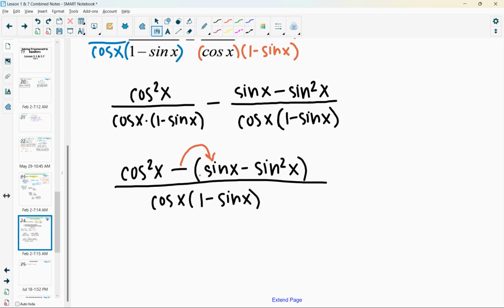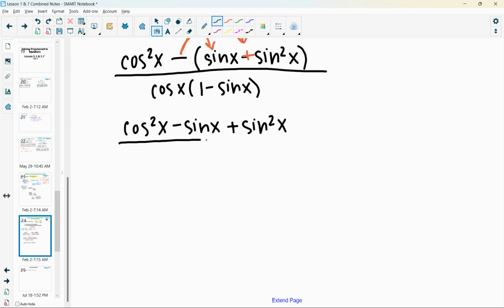So we want to distribute this negative. So then this is going to be negative sine. And then this is going to be a plus sine squared. Okay, so we're going to do the top. We're going to end up with cosine squared x minus sine x plus sine squared of x. And we still have that denominator of cosine x times 1 minus sine x.